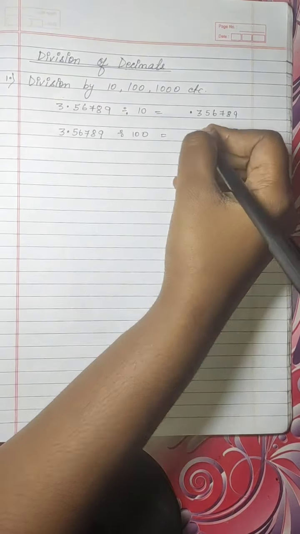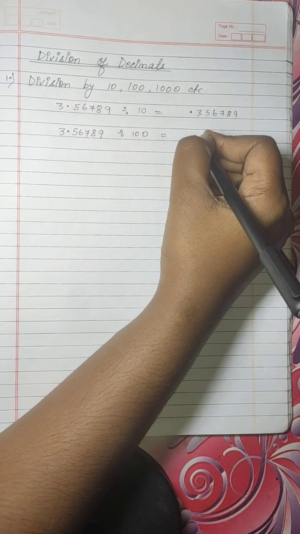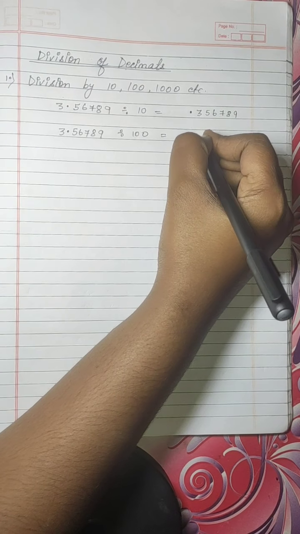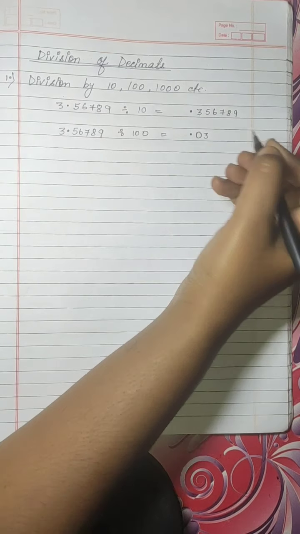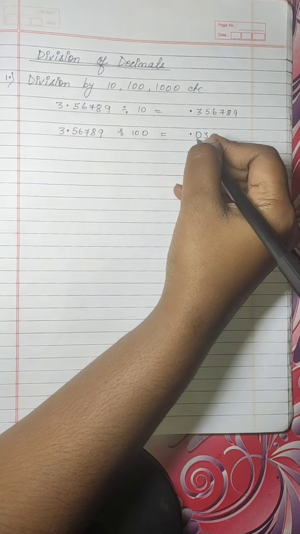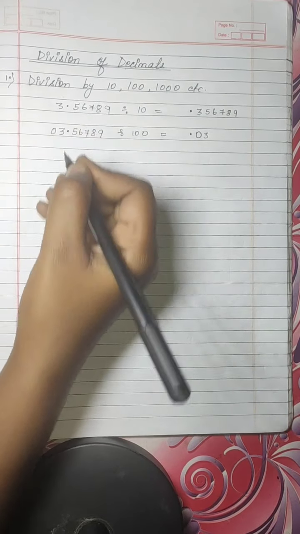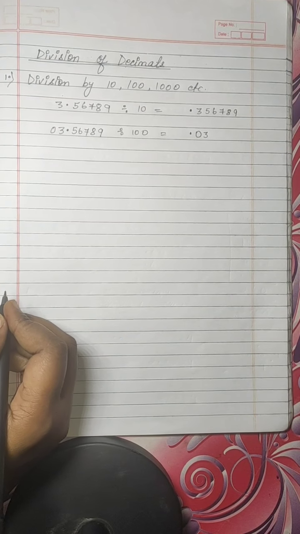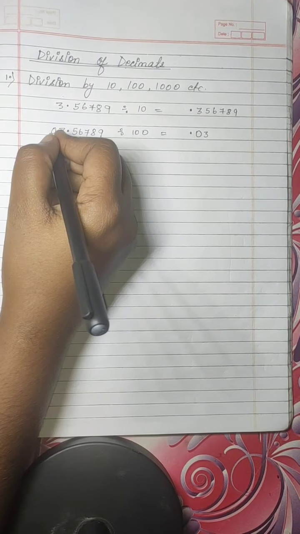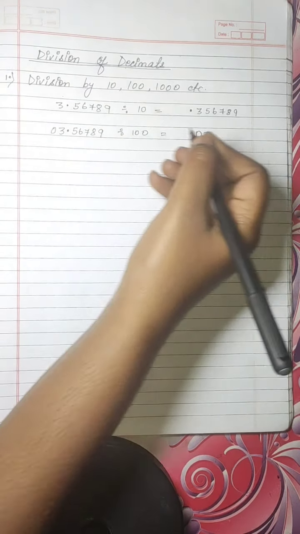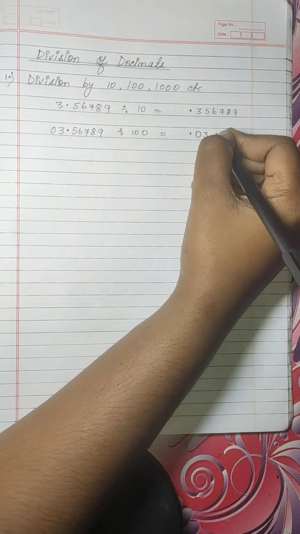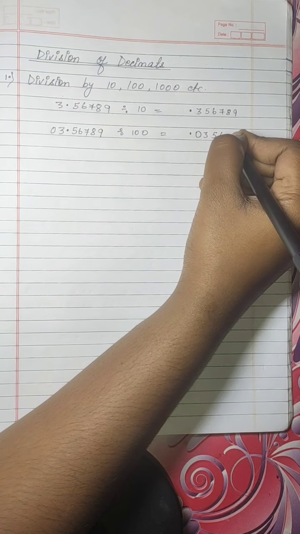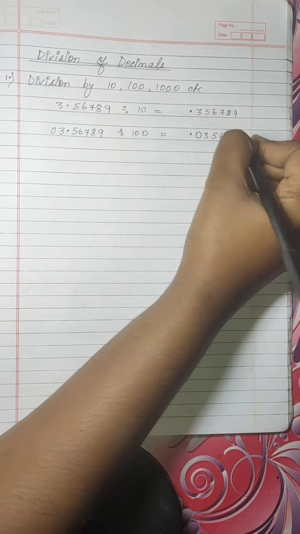You have to put the point and make 2 digits, meaning you have to make 0 3. Okay, we can write this 0, so we will put the point here and the number becomes 0.03 5 6 7 8 9.